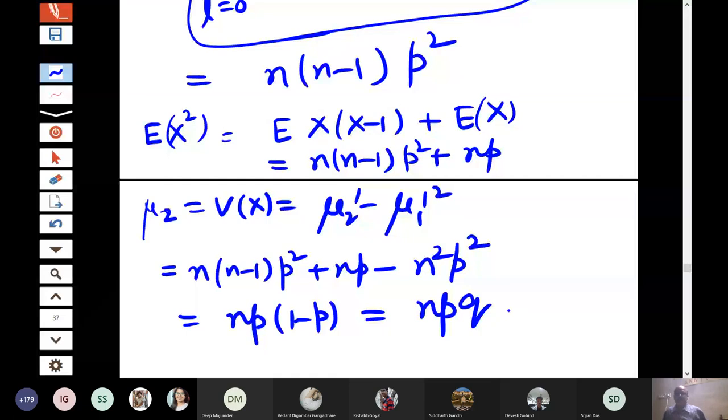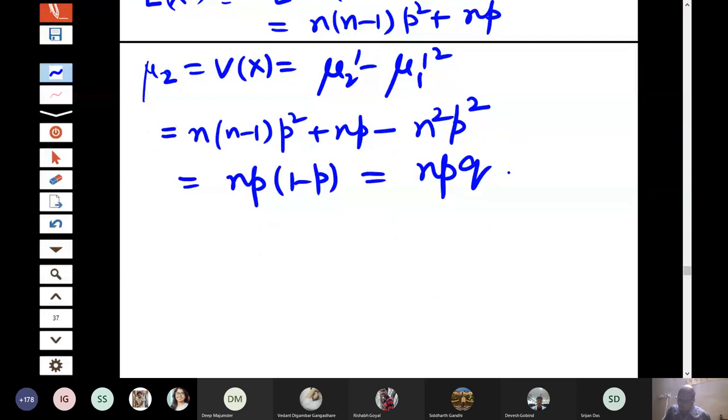So now I have already given you the idea how to calculate the higher order moments here. You will have to calculate higher order factorial moments, use them to calculate the higher order non-central moments, and then use them to calculate the higher order central moments. Because suppose I want to calculate the measures of skewness, kurtosis, etc. So let us look at mu 3.